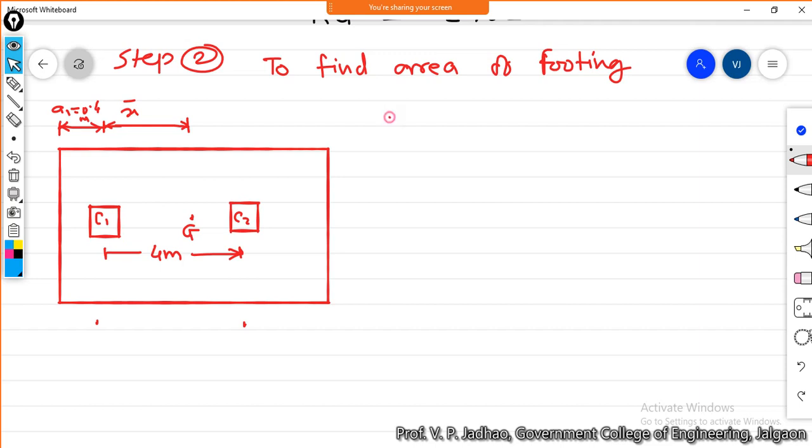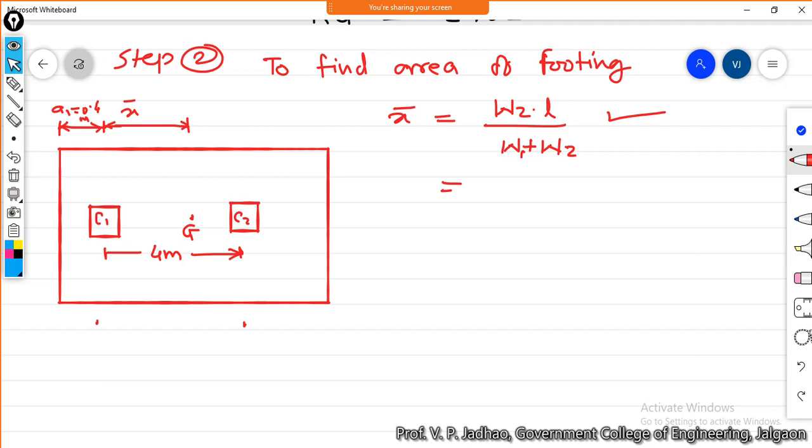Therefore, we know that this distance x bar is given by W2 into L divided by W1 plus W2. Okay, this formula we derived when we covered the theory part.